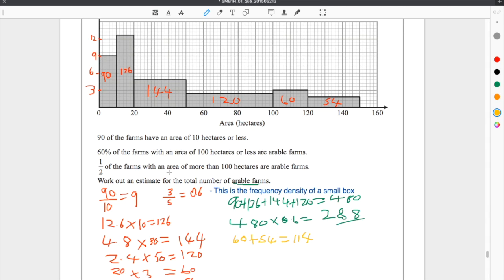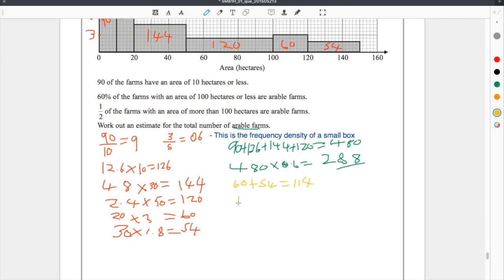And 50% of the farms we're looking at, so this value times 0.5 will give us 57.